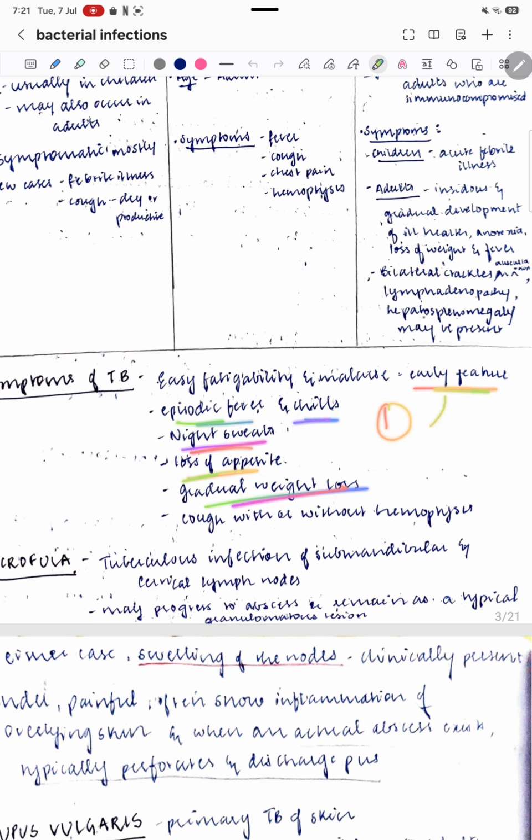So first is fever, second is chills, third is loss of appetite, fourth is gradual weight loss, and night sweats, cough with or without hemoptysis.